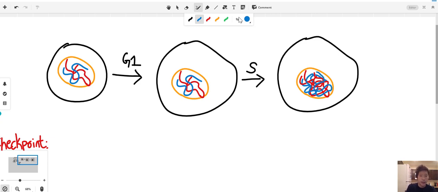And notice that this DNA is actually still loose. Typically, when we're looking at, say, mitosis diagrams or meiosis diagrams, you see chromosomes like this in their condensed forms. So the DNA doesn't start to condense in interphase until we're actually actively in mitosis, okay? So the DNA here is still loose.